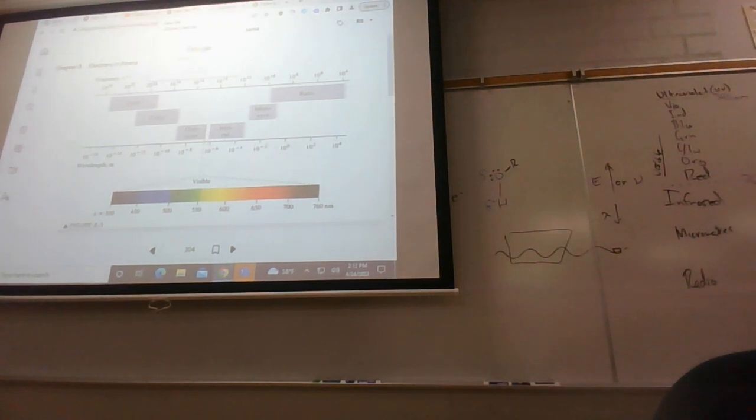So visible light doesn't vibrate. It doesn't rotate. You know what visible light does? Visible light excites electrons in colored matter.